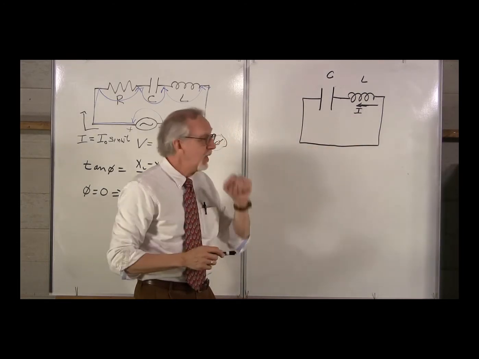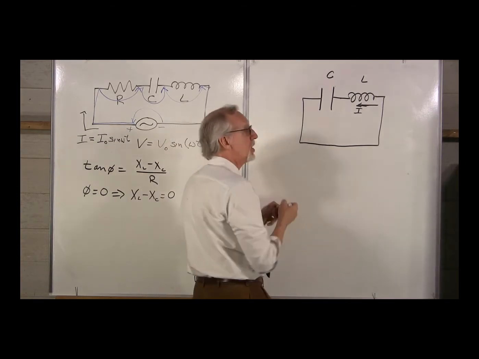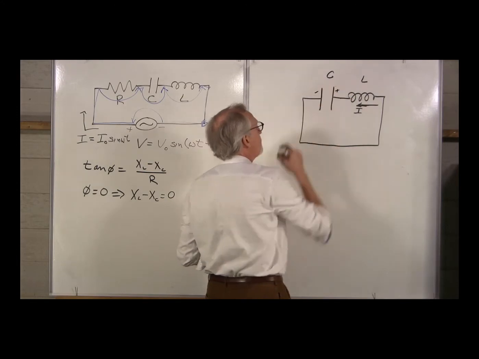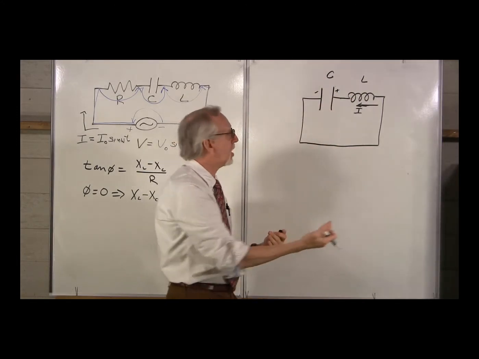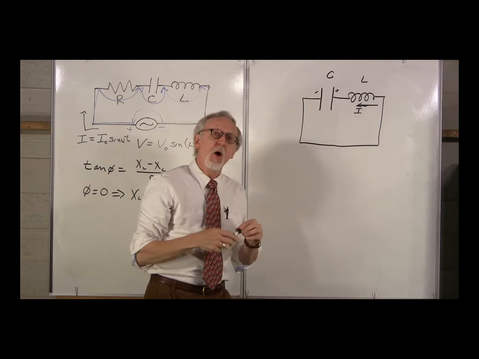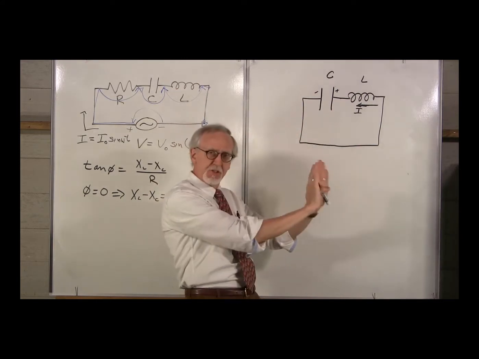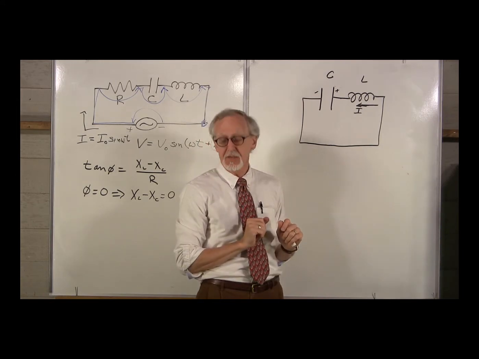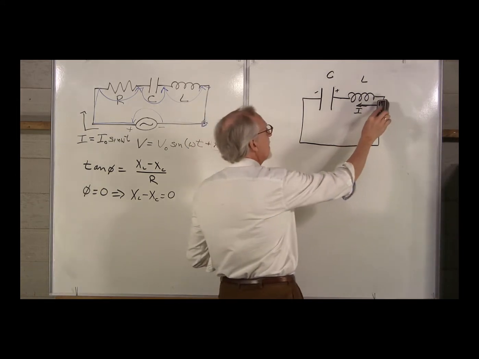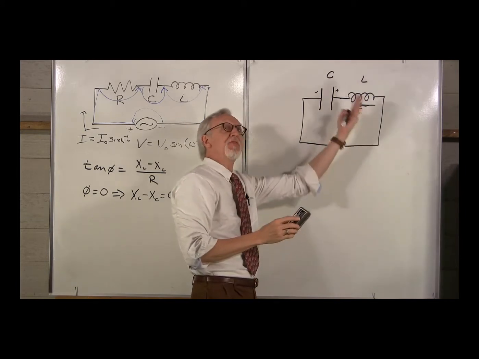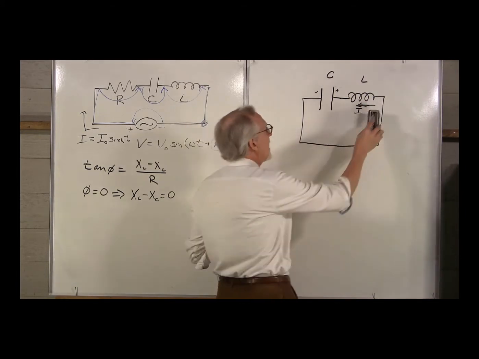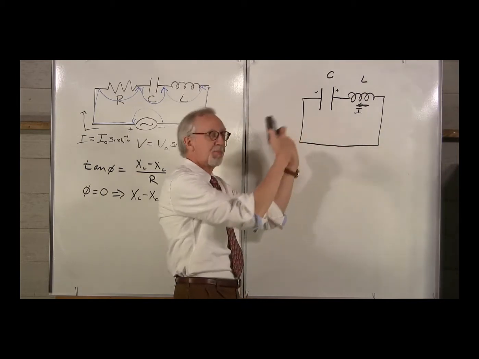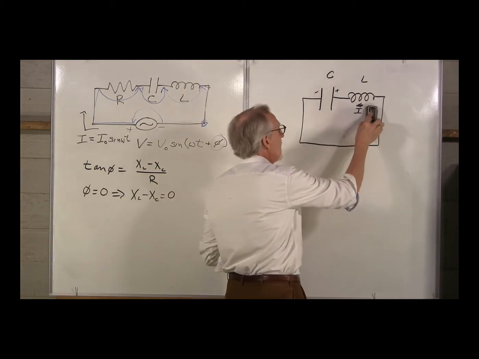Now what does the current start to do? Well, in this direction, excuse me, it starts charging up the capacitor the other way around. It starts dumping positive charge on the right side. Well, when that happens, then the capacitor starts pushing back and tries to start to decrease the current. So now the current decreases a little bit, but the capacitor charges up more, and the current decreases more, but the capacitor is charging up even more.